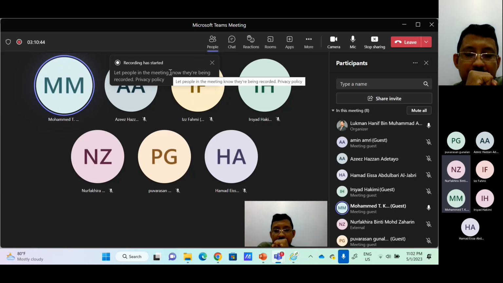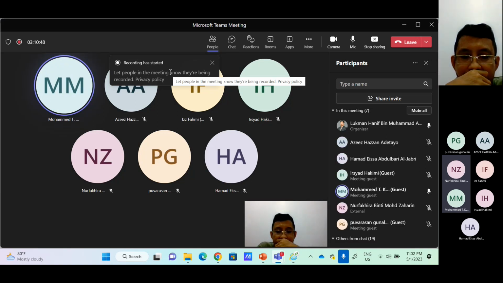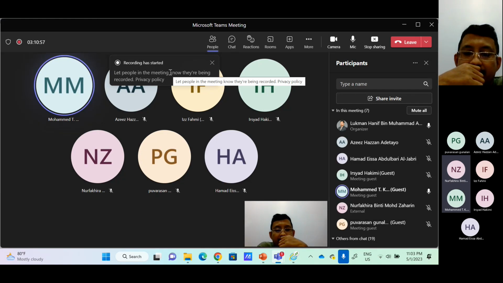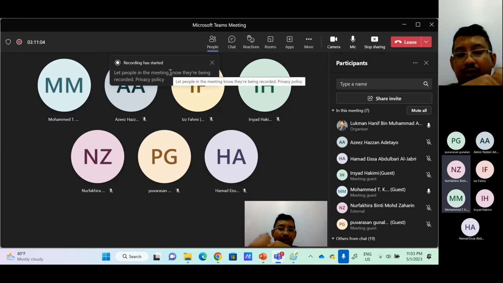Okay, but we have a problem that we cannot play the audio. So what input do you have? You need to have the input. Maybe it is because of the type of the speaker, or normally we connect with the audio jack.